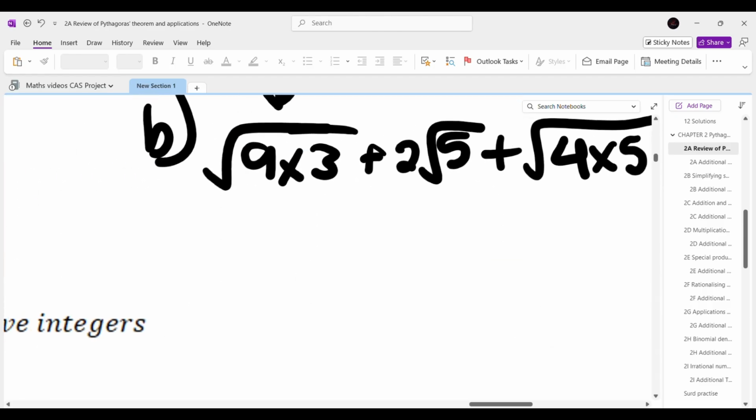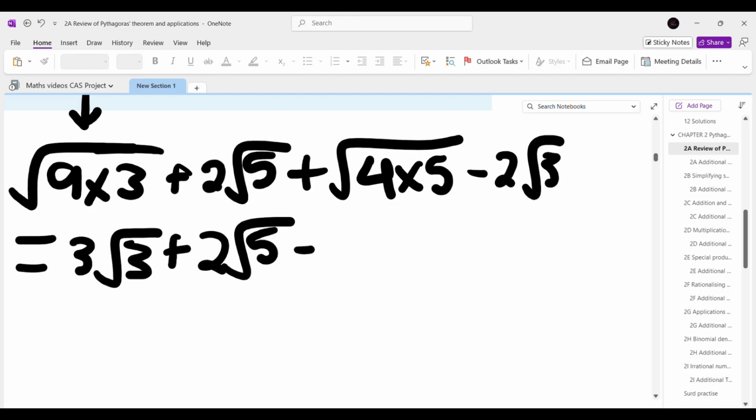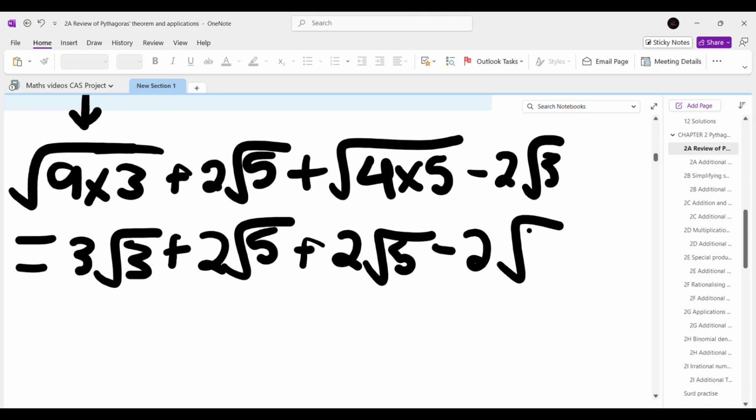And we end up getting 3 root 3 plus 5 root 3 plus root 3 minus. However, we can simplify them down, but you see how these are 2 distinct roots? We can't just add them together. We have to keep them separate still.